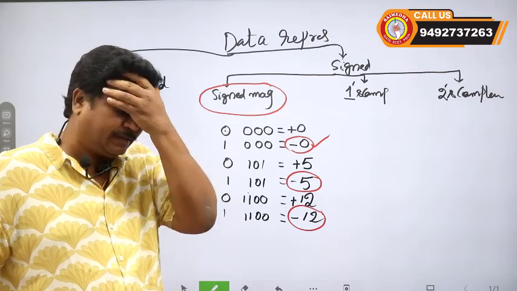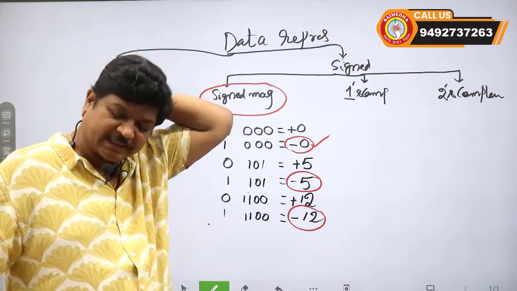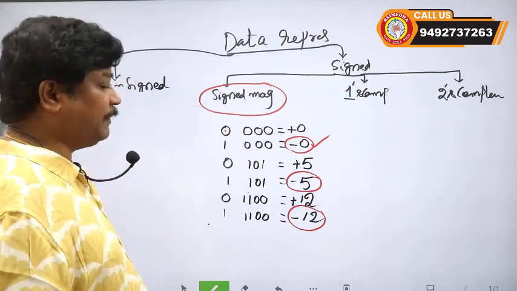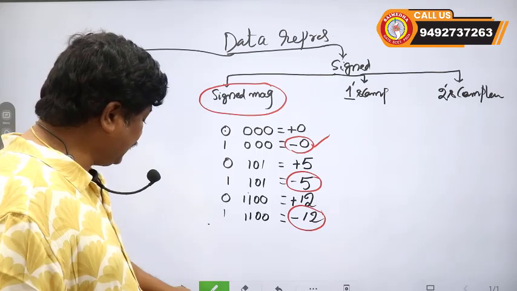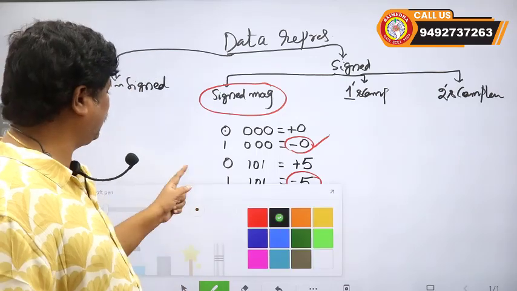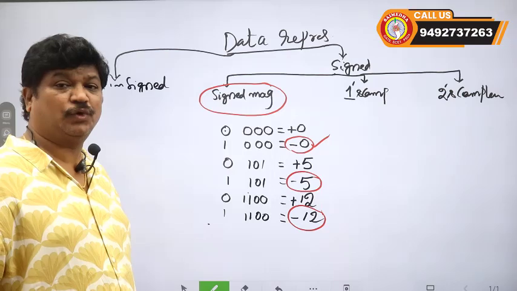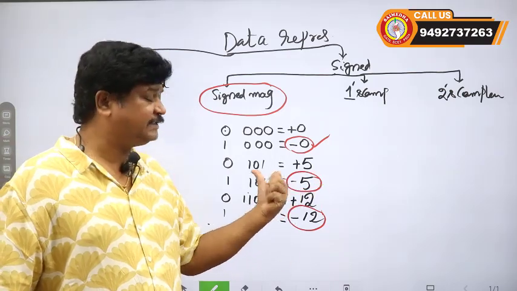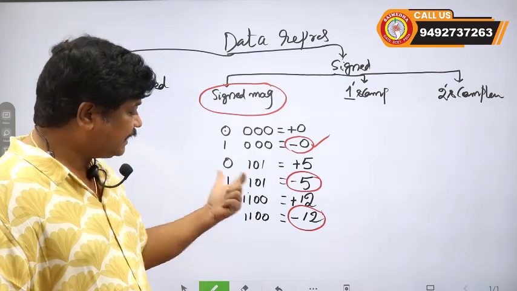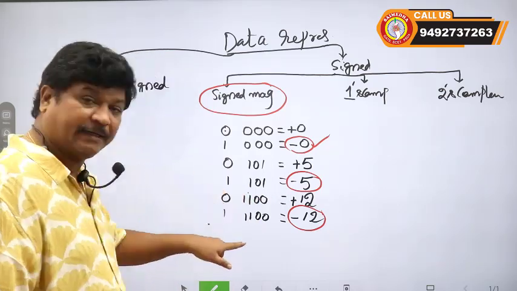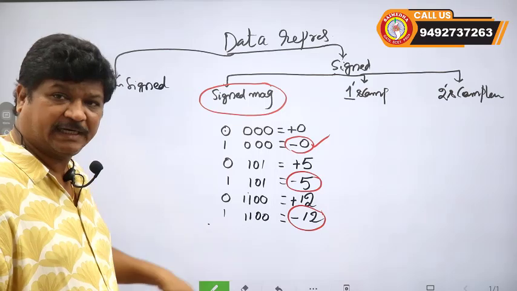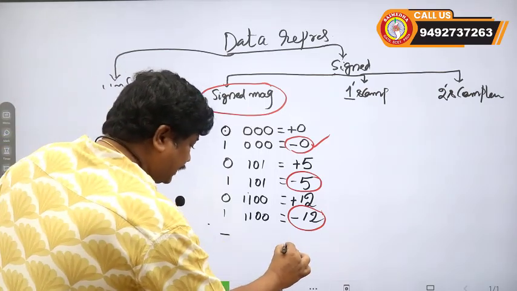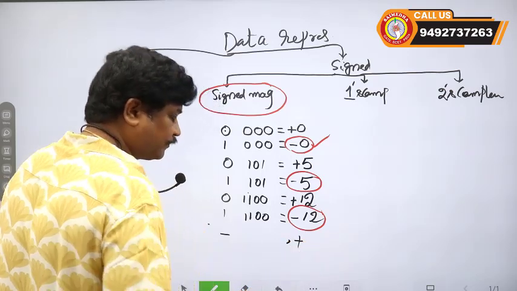Now, what is the range? What is the formula for the range? Earlier we wrote the range formula for unsigned magnitude: 0 to 2 power of n minus 1. Now, what is the range here? We can represent negative numbers and we can represent positive numbers.